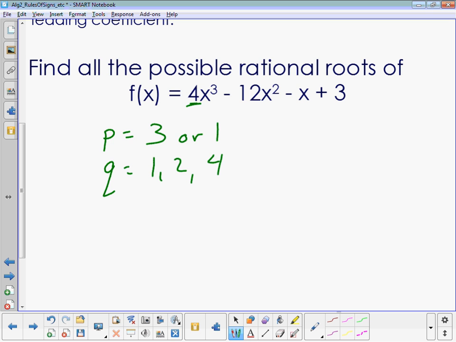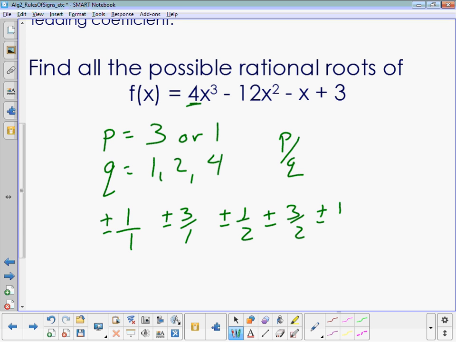So now all the possible rational roots are all the p over q's that we can make. That could be positive or negative 1 over 1, we don't know which, positive or negative 3 over 1, positive and negative 1 over 2, positive and negative 3 over 2, positive and negative 1 over 4, and positive and negative 3 over 4.